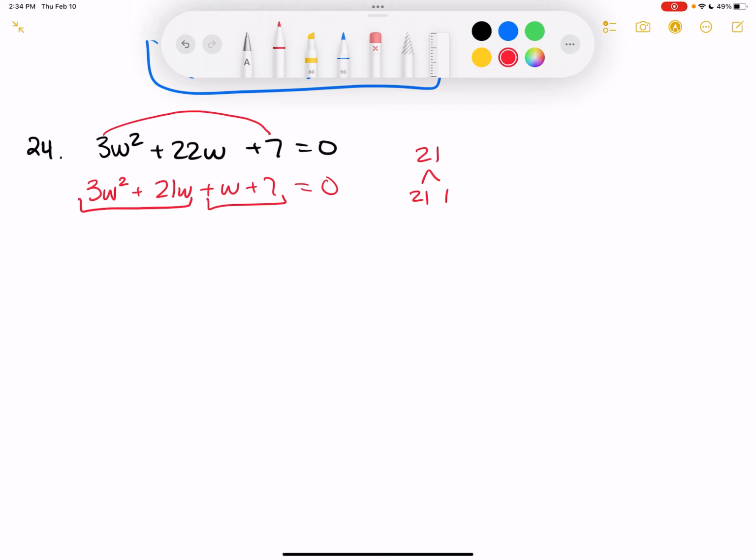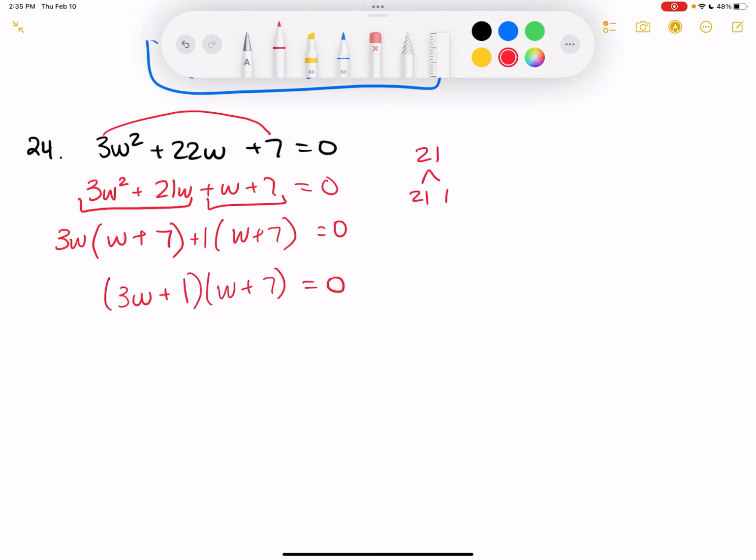What can I take out of this first one? 3w. And that leaves me with w plus 7. Can I take anything out of this one? 1. Just a 1, which leaves me with w plus 7. So then I have 3w plus 1 times w plus 7 equals 0.